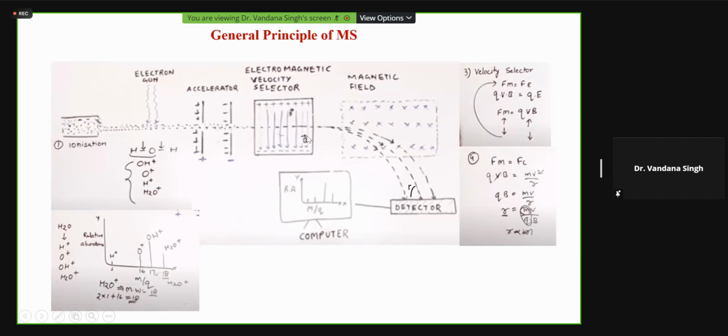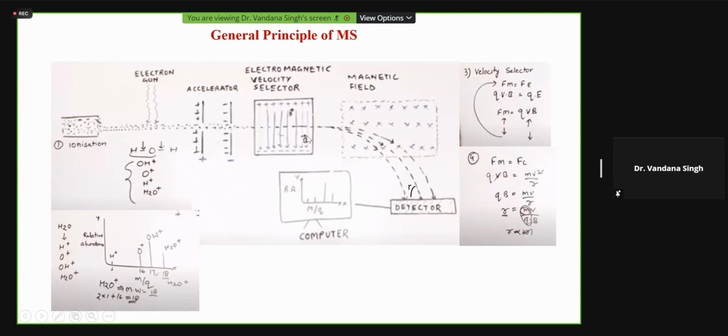So in this case, instead of electrons, we are using a reagent gas, maybe ammonia or maybe methane, as an agent to knock out the electron and generate the molecular ion. Now once the molecular ions are generated, the procedure is the same.